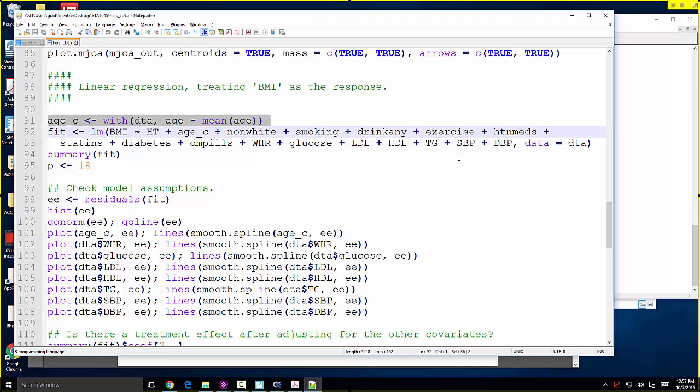It's the mean BMI for people in the placebo group who are 0 years old. When we mean center, beta 0 has a meaning. It would be the mean BMI for those with 0 for everything, and in particular, average age. Age_C equal to 0 corresponds to an average aged person.